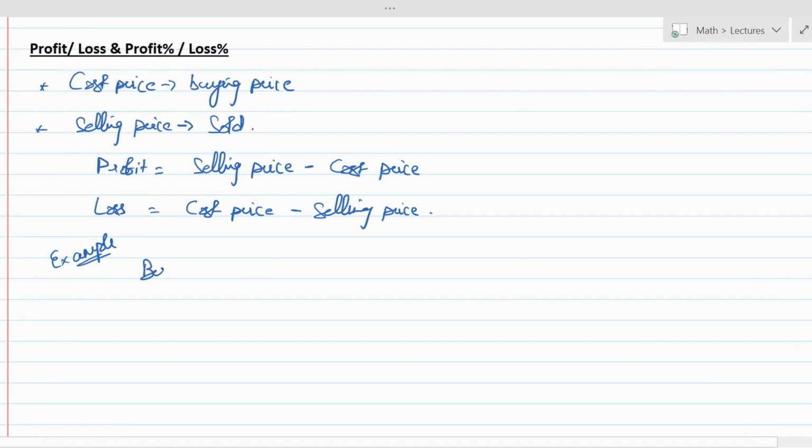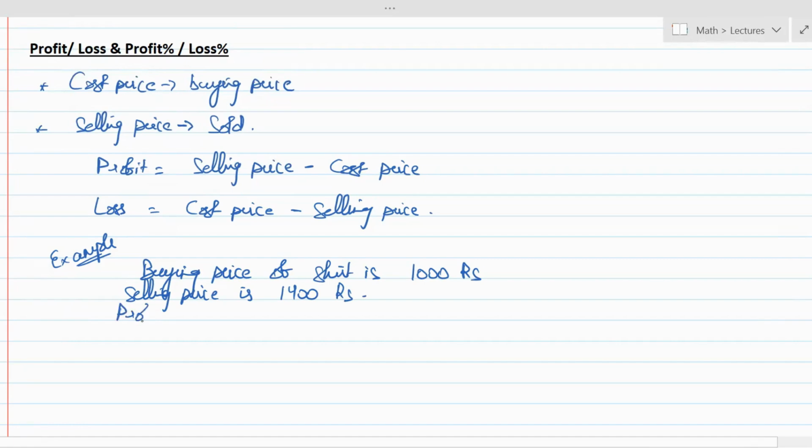So the buying price of the shirt is 1000 rupees, and you have sold that shirt, let's say, for a selling price of 1400 rupees. And we have to calculate the profit here. Why profit? Because the selling price is more than the cost price, so it has to be the profit only.